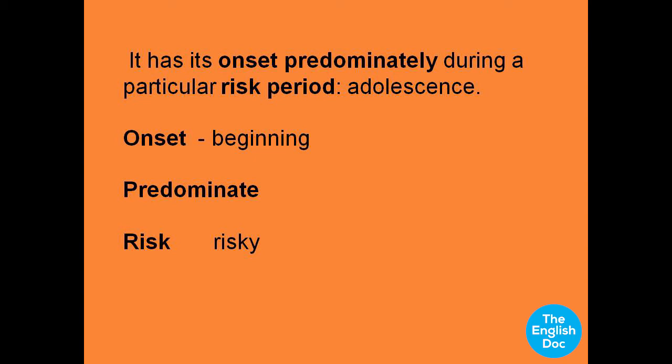It means mainly or mostly. The verb is predominate. Risk period is an example of a compound noun. In this type of example, the first modifies the second. Another example of risk, as the second noun, would be a health risk. The adjective is risky.